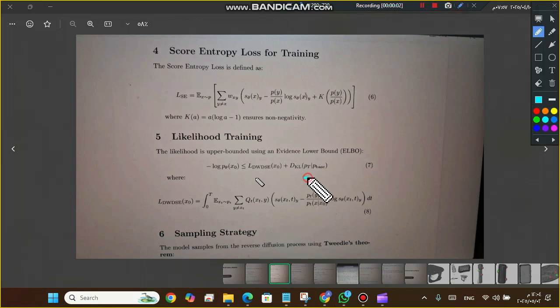So our training strategy, once again: calculating this side over here is very hard, undoable. We know that this side, which we will derive right now, is always larger than this side, and I'm trying to minimize this side. So if I minimize this side over here, then I'm sure that I have minimized this side over here, because this side is always smaller than this side.